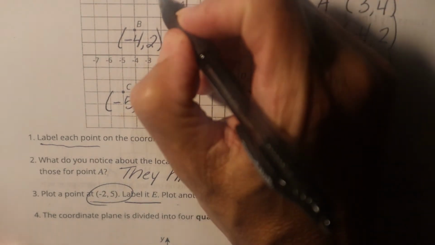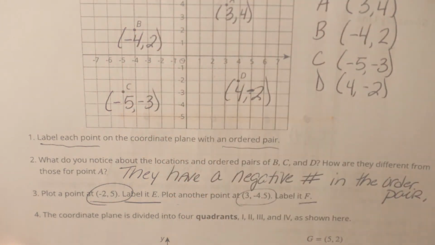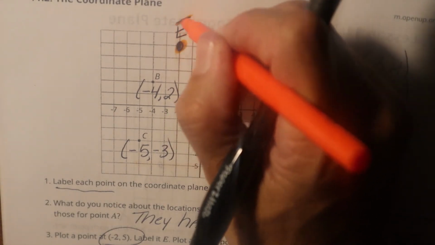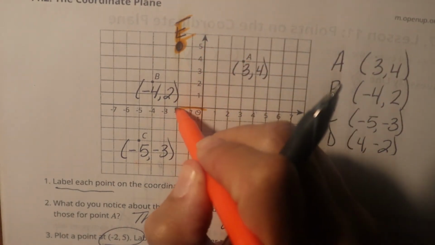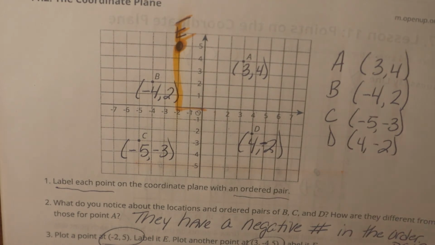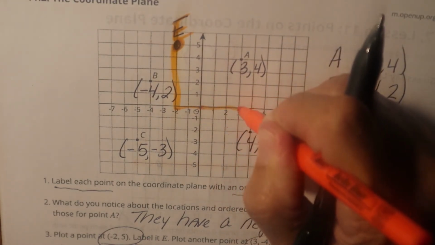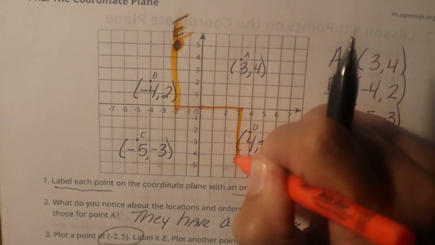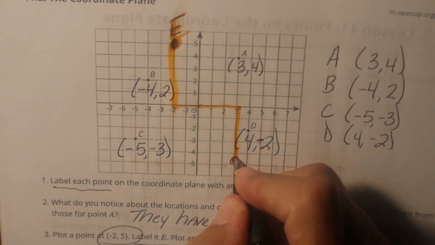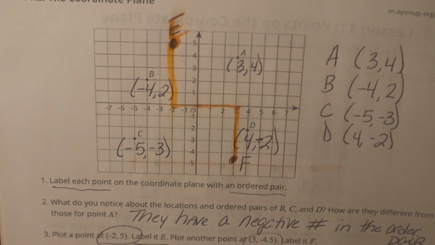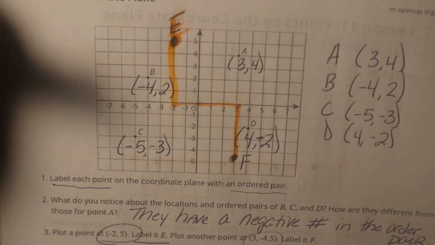So I am sitting way up here, and it tells us to label this point E. Oop, you guys can't see that. Sorry about that. I went up here, 2, and then up to 5. Then it says we're going to go over 3, 1, 2, 3, and down -4.5. So we're right here, and label this F. Okay, that's just practice labeling, again, ordered pairs on the coordinate plane.